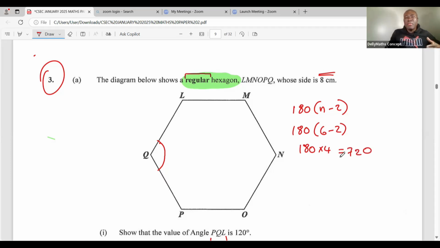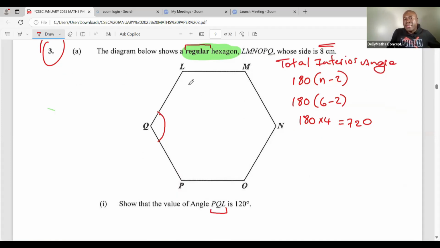What this is referring to is the total interior angle for this polygon that we have.